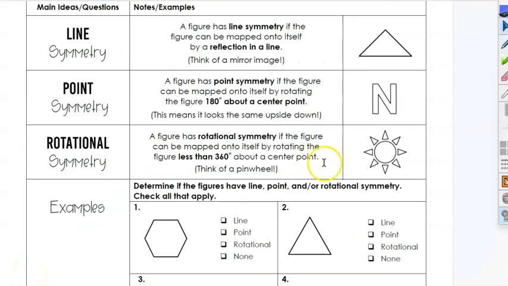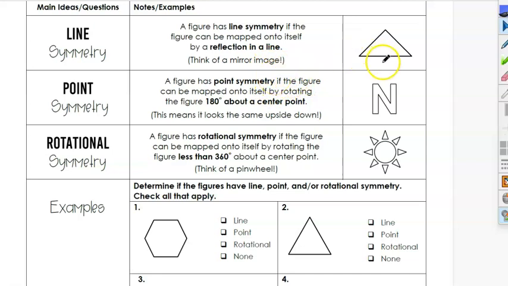Okay, so here you can see those three types of symmetry that I was referring to in the introduction to this lesson. And just to kind of illustrate them, first of all, let's talk about line symmetry, and you've got a description here of what line symmetry is all about.